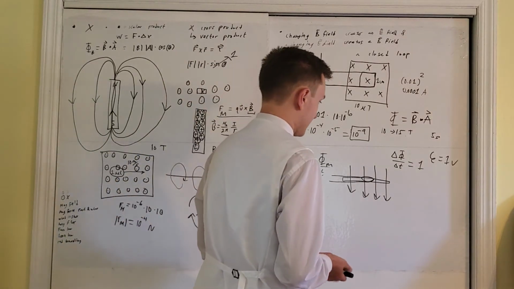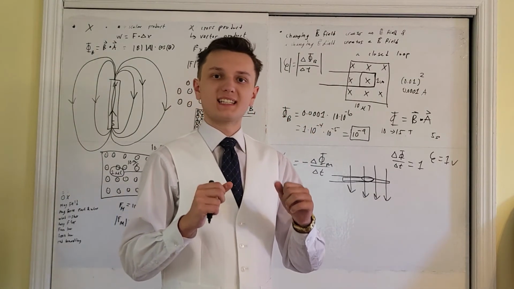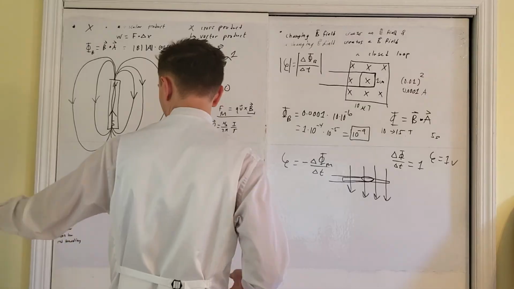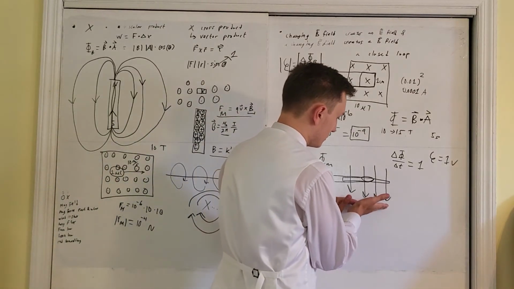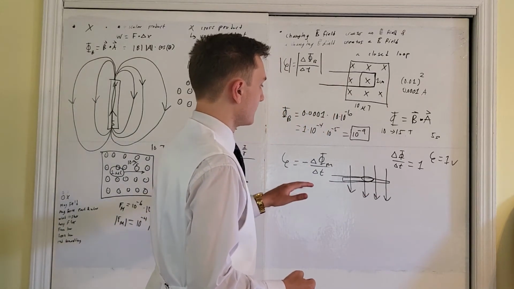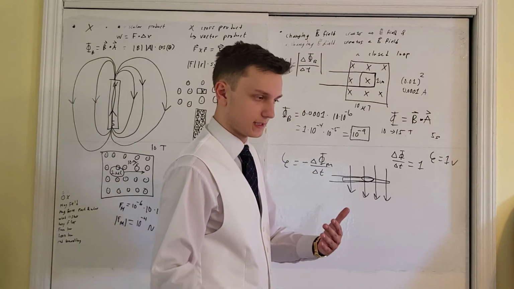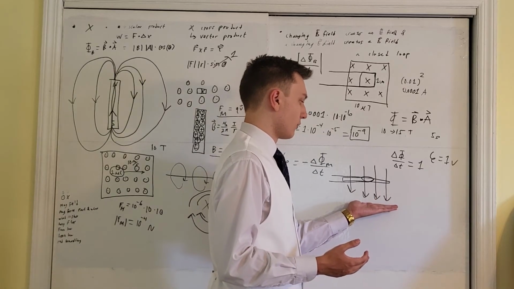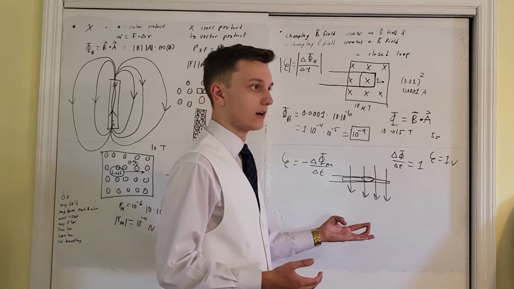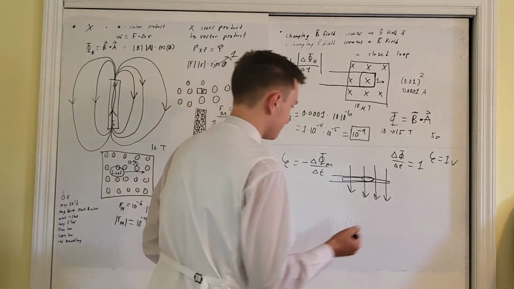The nature of the magnetic field is that it really, really likes to stay constant. The magnetic flux really, really doesn't like to change, okay? So if I start to decrease the magnetic field through this area, then the wire will try to increase it. That means that for every action that is taken on the B field applied to the wire, the wire will try to undo it. Okay? Now, what does that look like?